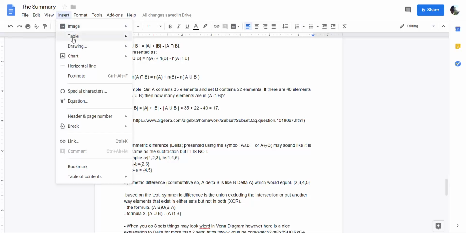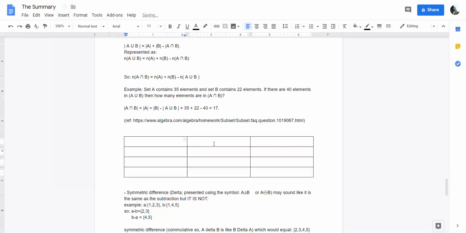So if you insert a table of 3 elements and say 4, commutative property, and we have the associative property. There we go.